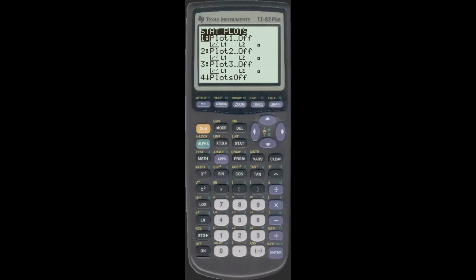It's really good here to actually have this in front of you. So when you have your calculator, you definitely want to redo this. You have to go over and turn the plot on. You have to hit enter, turn it on, and then right here you can see that what we're plotting here is the data. And so you just hit graph and you'll start to see some of the data points there.